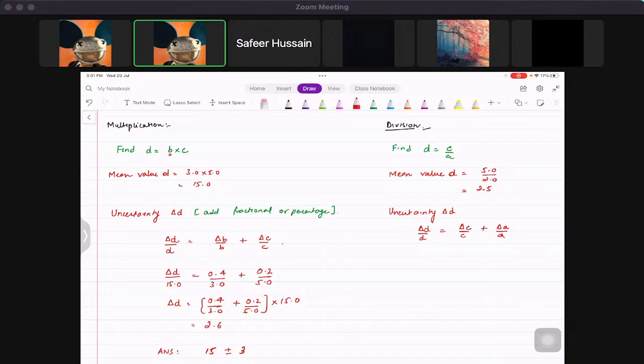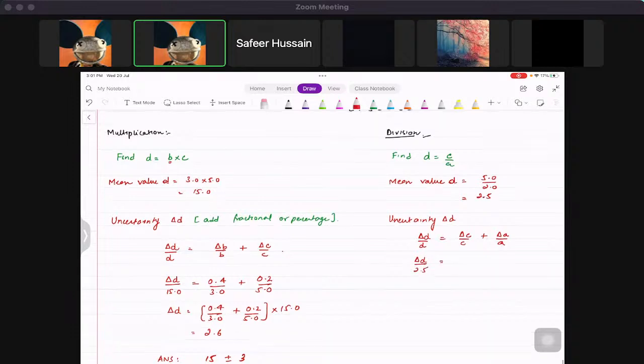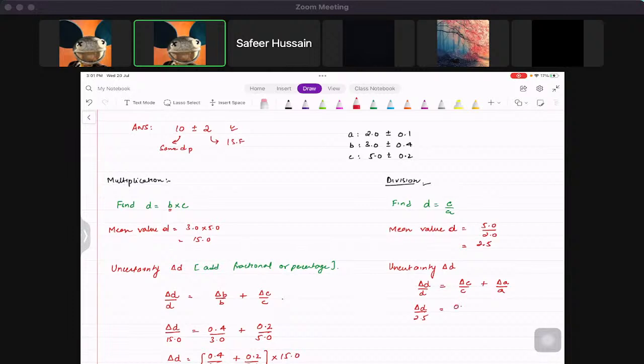So now let's put in the values. So delta D, this was 2.5, delta C was 0.2 divided by 5.0 plus 0.1 divided by 2.0. Please check it. Let me know if you have any questions. So when you find delta D by multiplying 2.5 with the whole set, you're going to get 0.225.